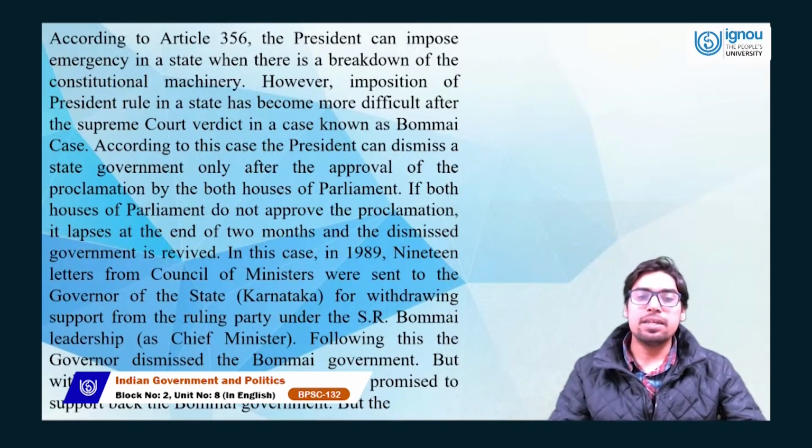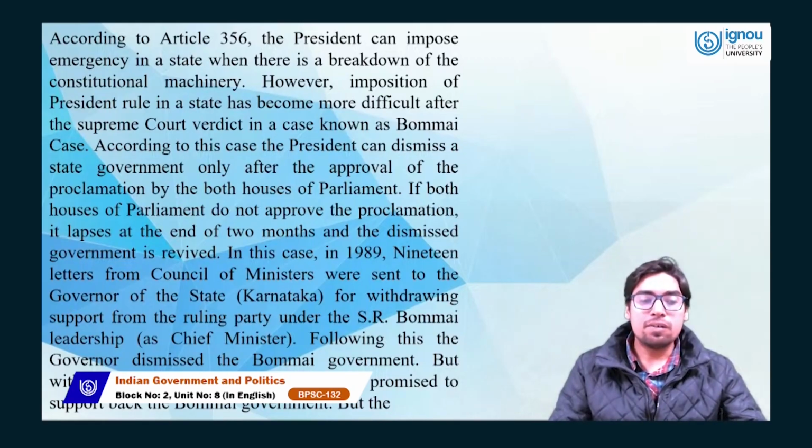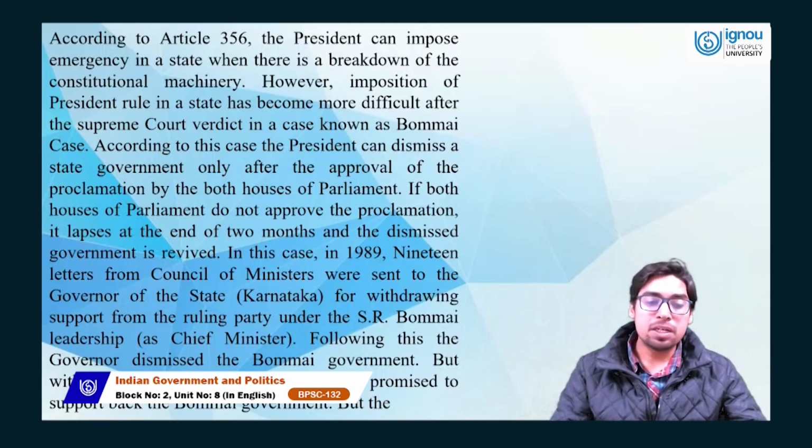In the case in 1989, 19 letters from the Council of Ministers were sent to the Governor of the state, basically Karnataka, withdrawing support from the ruling party under S.R. Bommai's leadership as Chief Minister. Following this, the Governor dismissed the Bommai government, but within a short period, the defected MLAs promised to support the Bommai government again.